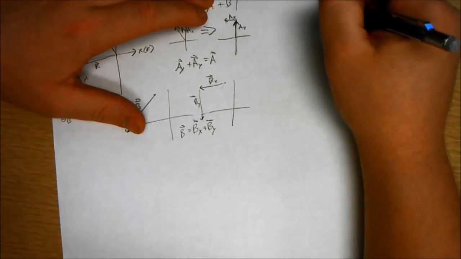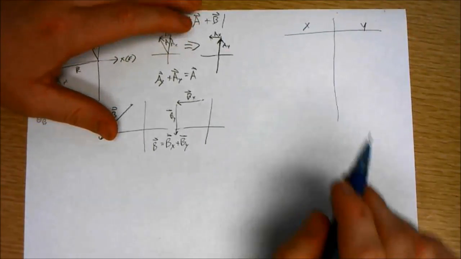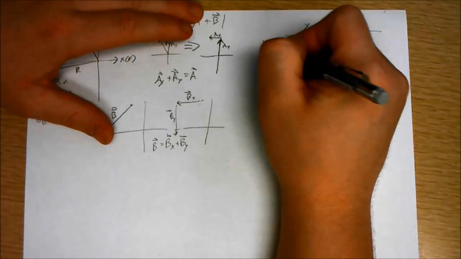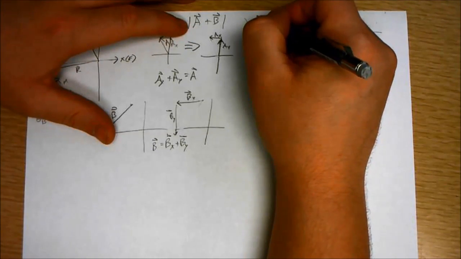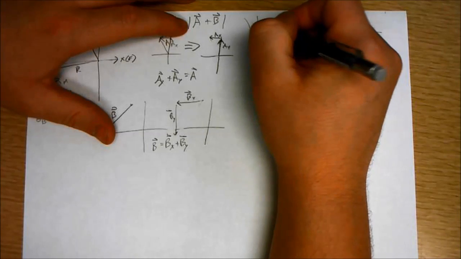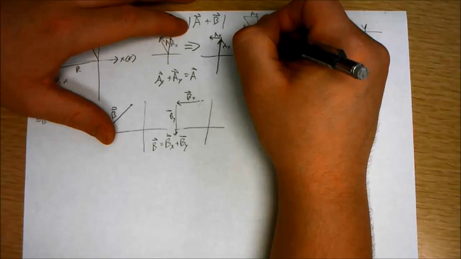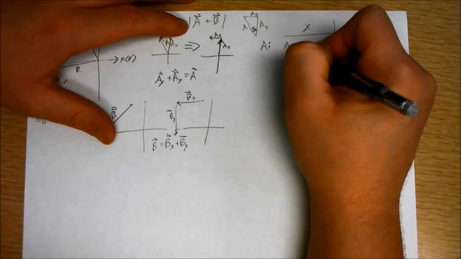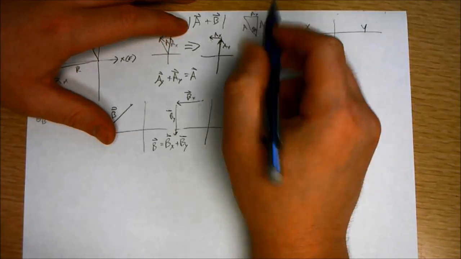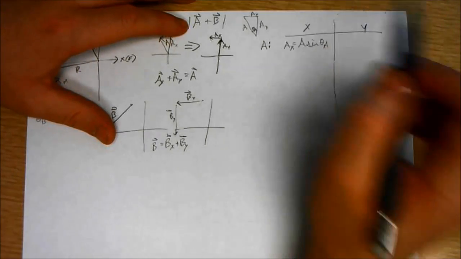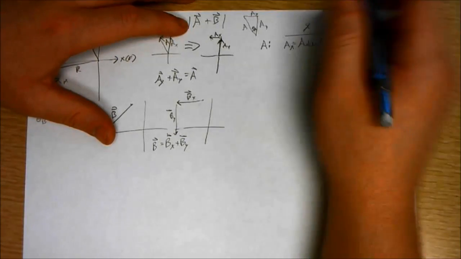So let's first make a chart of X and Y stuff. I'm going to start with A. I have theta A, AY, AX, and A. So AX is equal to A sine theta A, because AX is the opposite side.